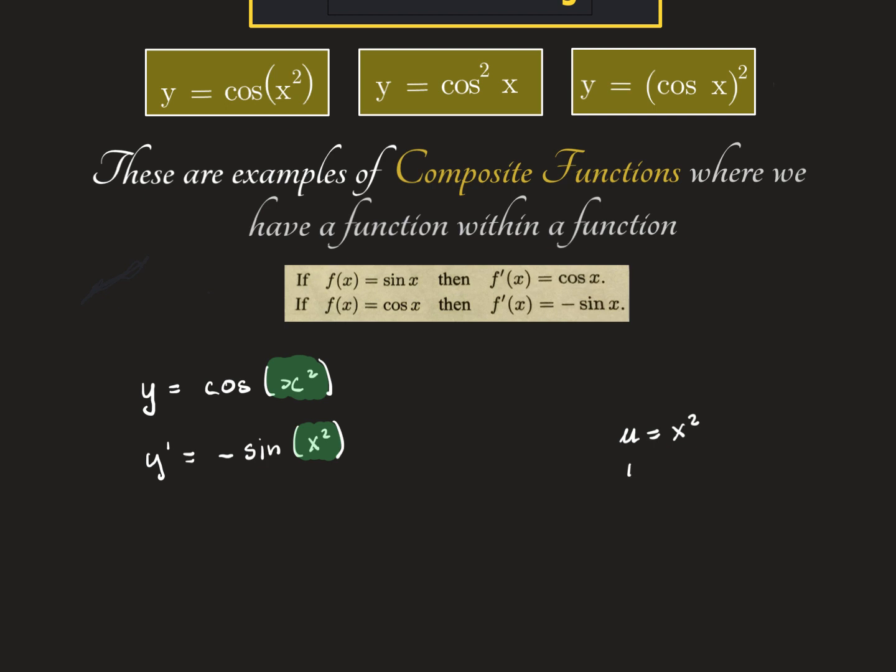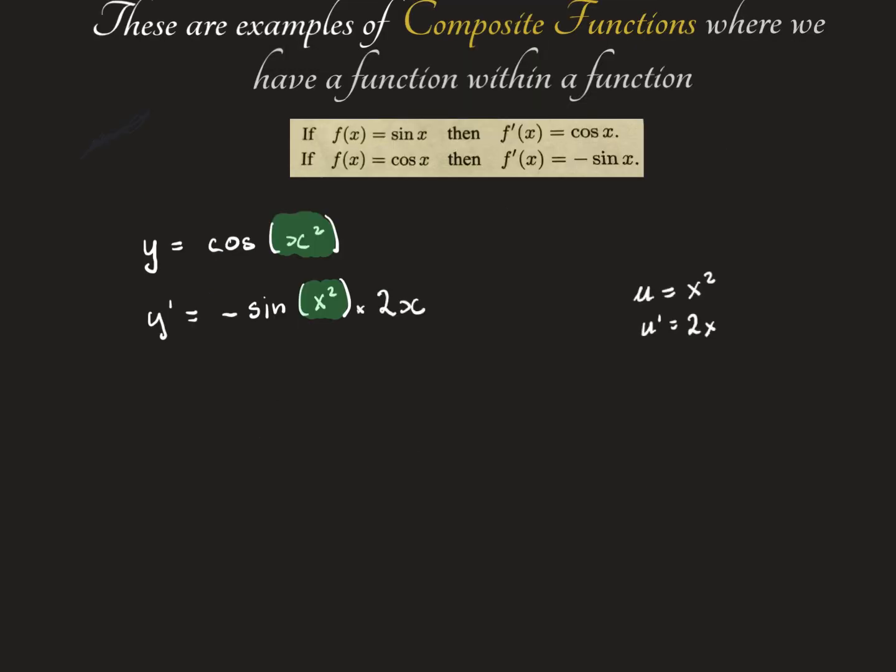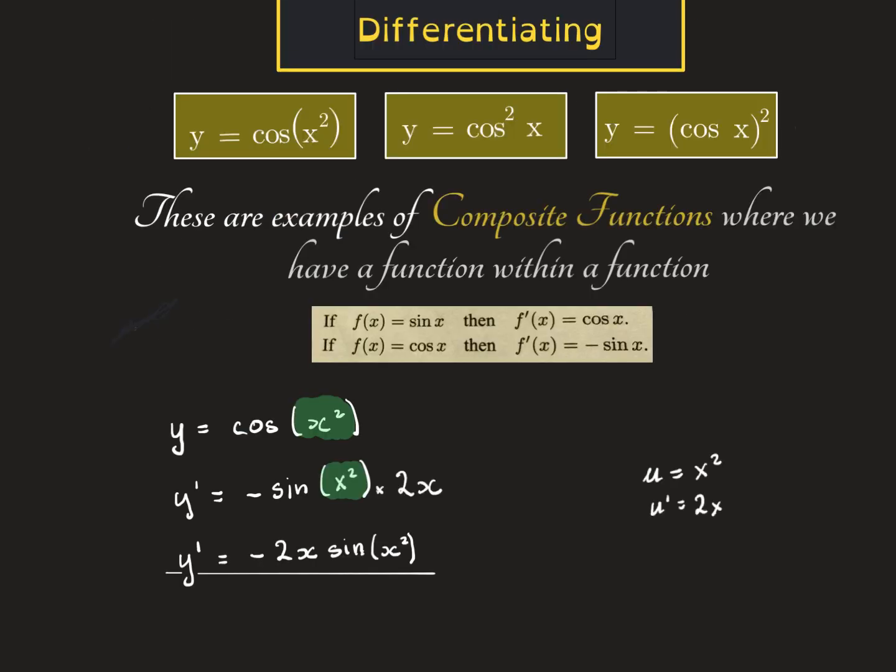Then if we differentiate u, it'll be just 2x. In other words, we'll just multiply this by 2x. And we can rewrite, therefore, our differentiated function as minus 2x sine x squared.